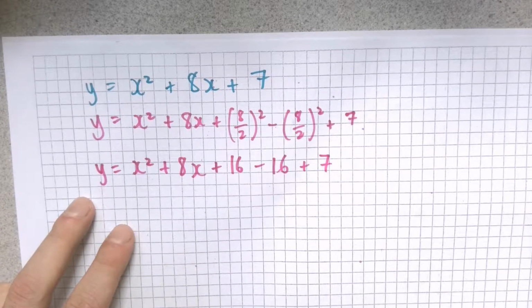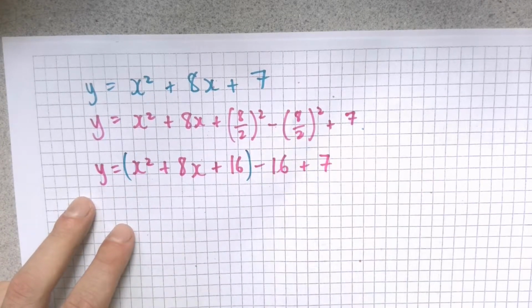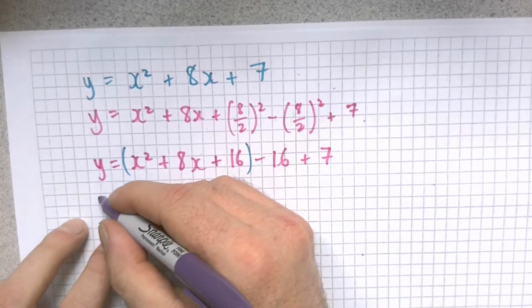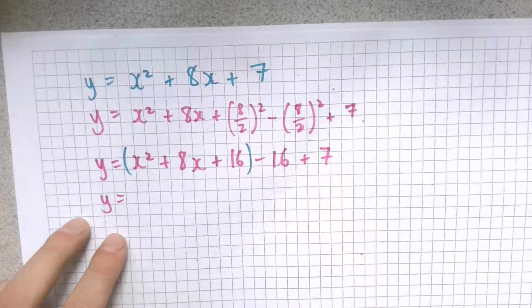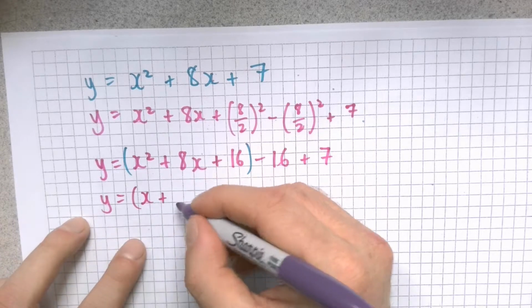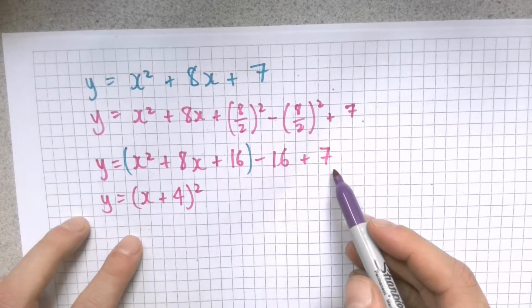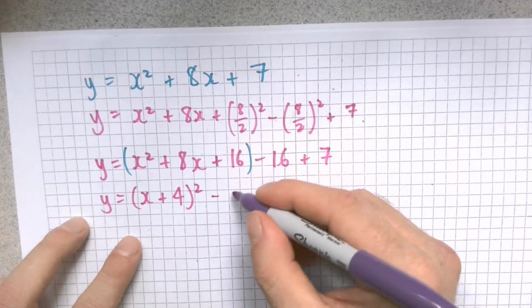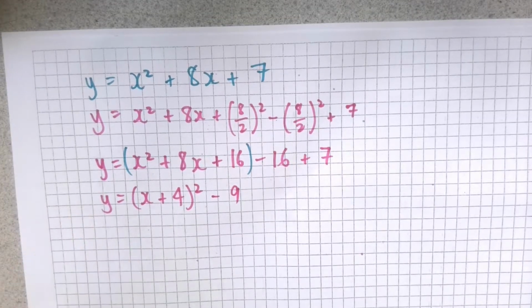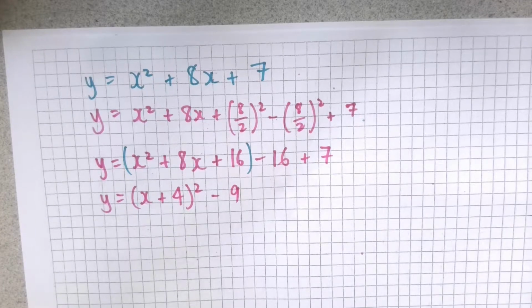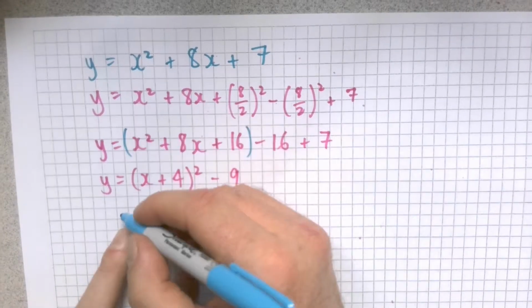Okay, this is the part we're looking at here for the perfect square, which hopefully you've worked out now is x plus 4 all squared. Minus 16 plus 7 is minus 9. Okay, so already we can determine the vertex of this parabola.